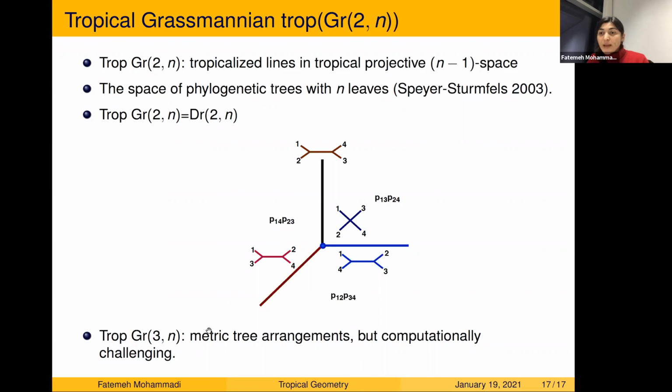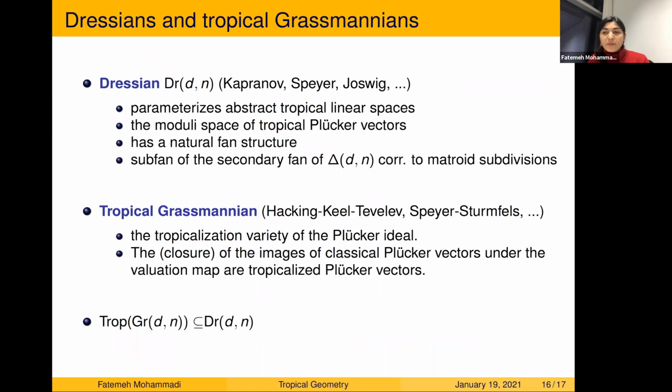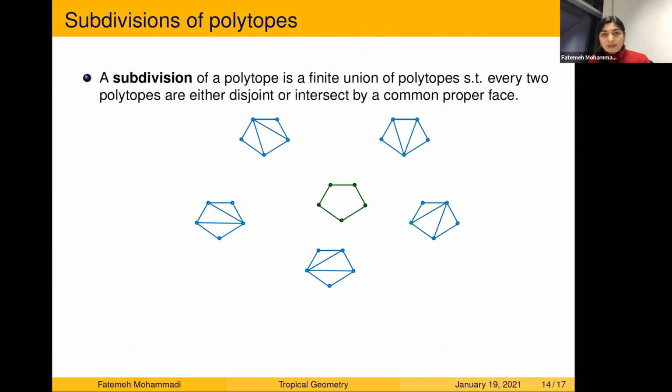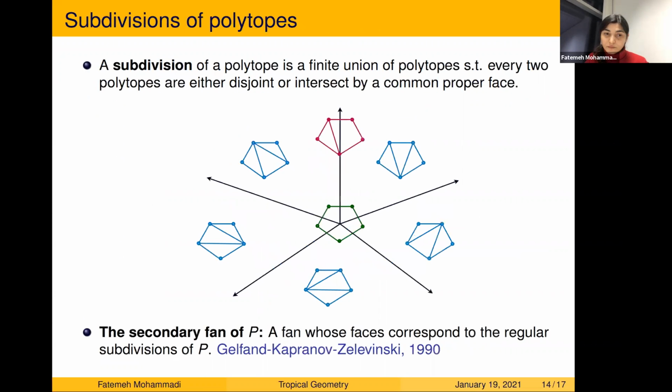Fatemeh, could you go back to the slide with the pentagons and the fan? I'd like to see the theorem at the bottom. Oh, you mean this one, the secondary fan? Yes.